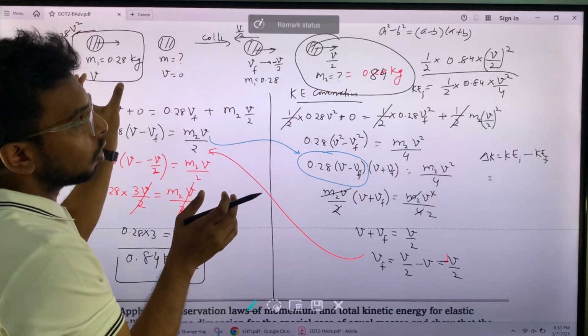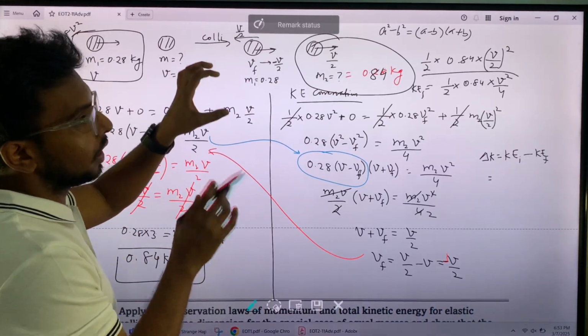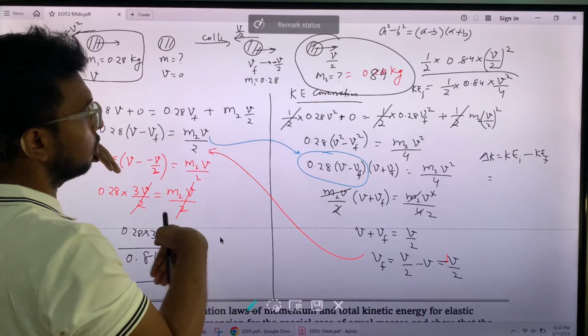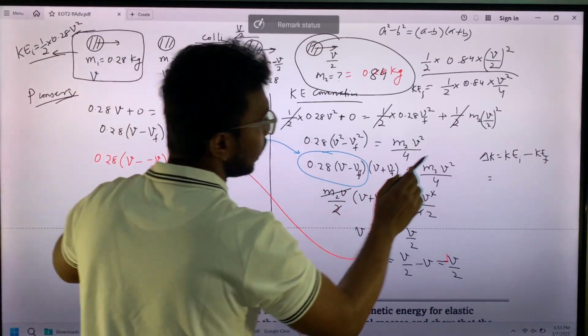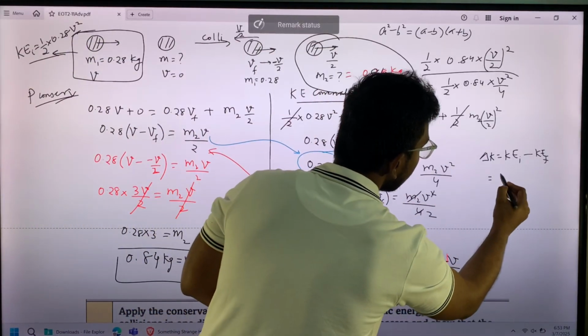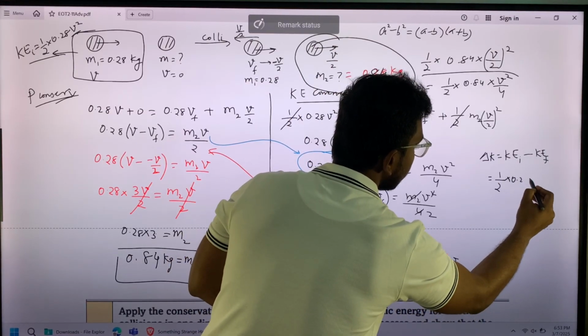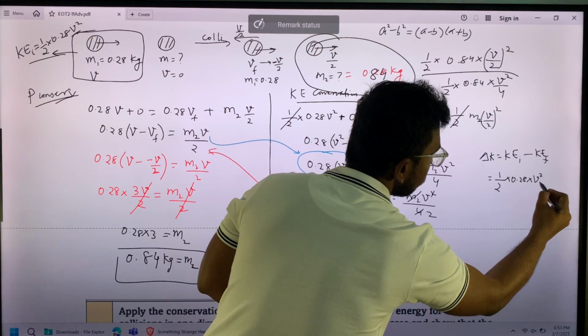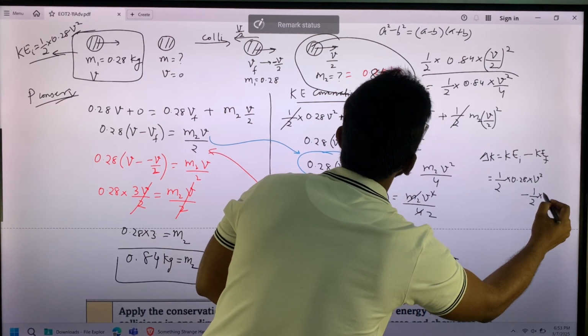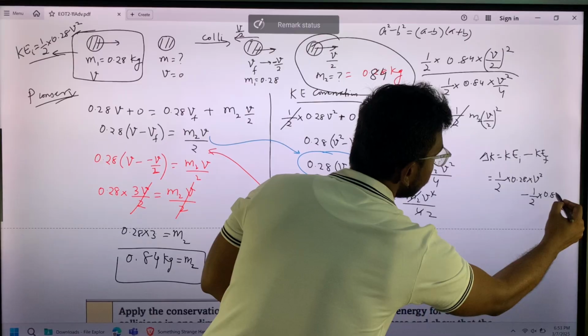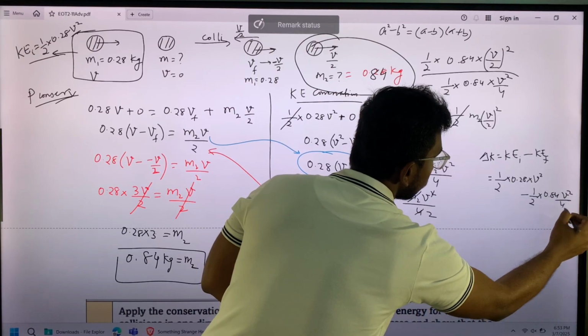Some energy has been lost. So we just need the difference between initial and final, because we need to find the ratio. K minus Kf will become half times 0.28 times v square minus half times 0.84 times v square by 4.